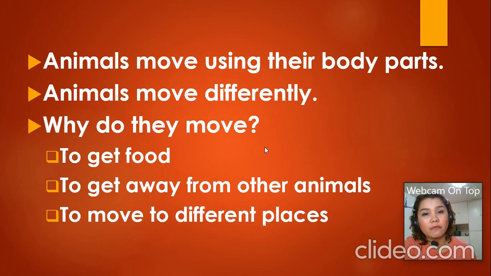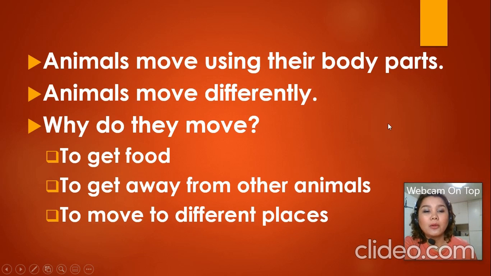If you have heard of migration, they go to other places and travel to far places. So that's why they move. It is important for them to have these body parts for movement.